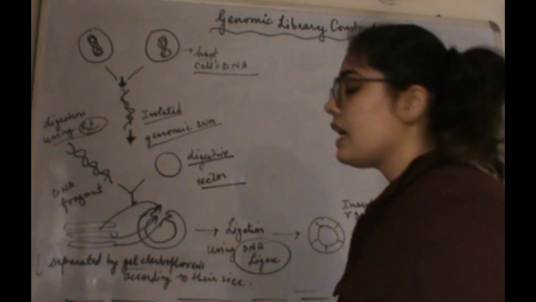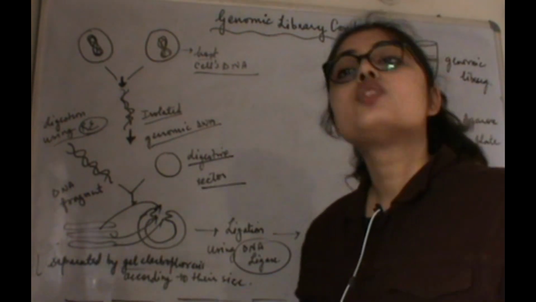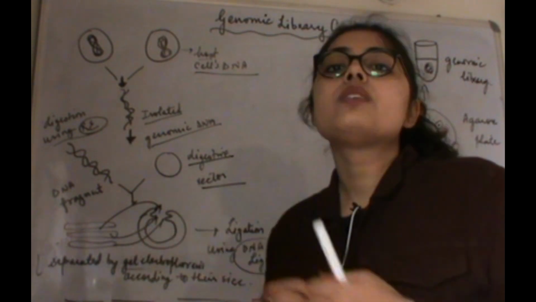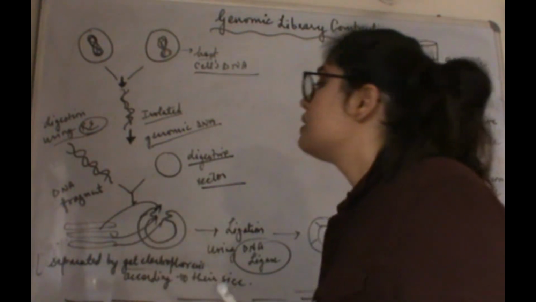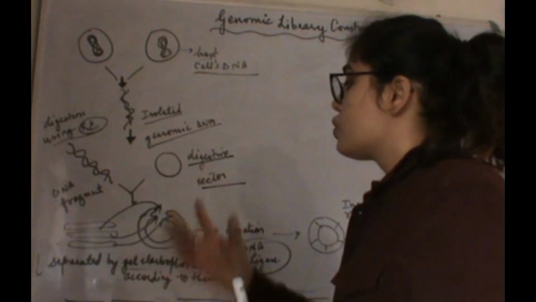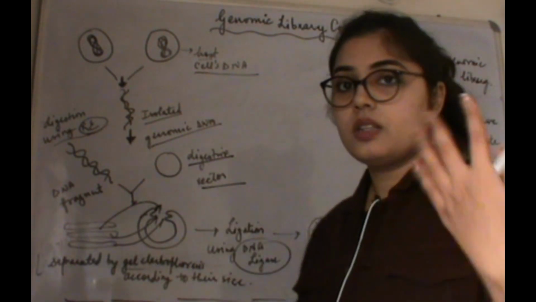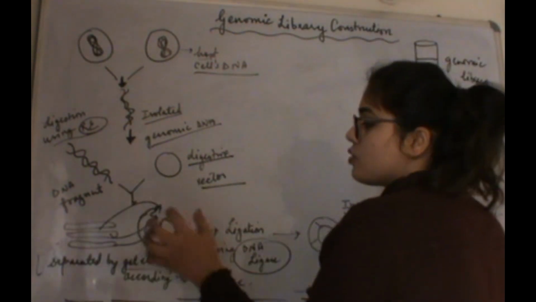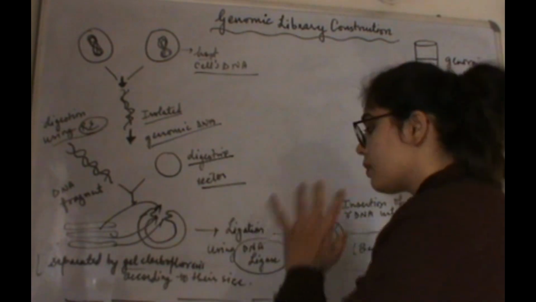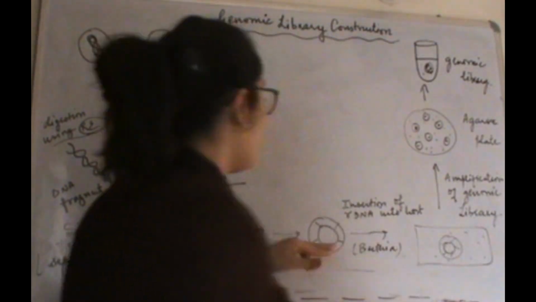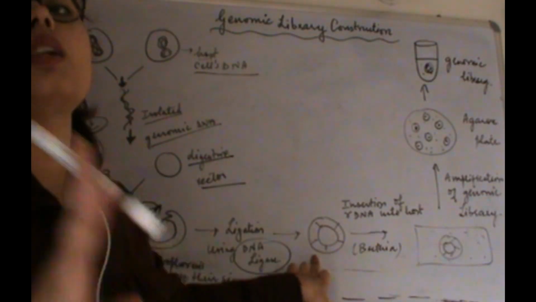By DNA ligase. DNA ligase is used for bringing the DNA fragment to join with the vector. Now they will come together, they will bind together, and they will form a single fragment. This is the final result that we get.